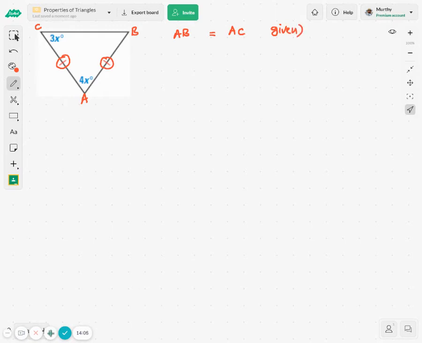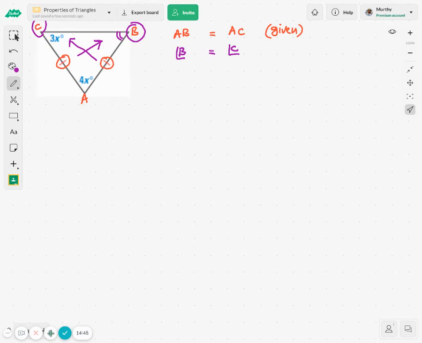If these two sides are equal, then please notice that angle B equals angle C. Why? If two sides are equal, then the opposite angles to these equal sides are equal.